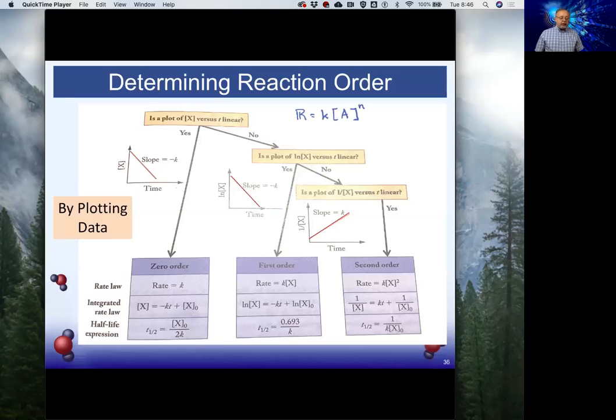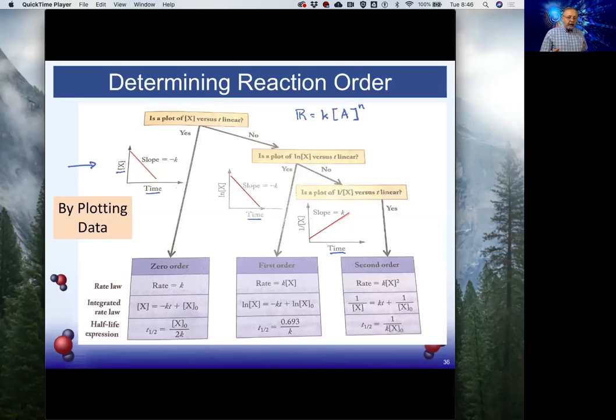So we can run the reaction and we follow it with respect to time. Notice that all these plots here have time on the x-axis. And on the y-axis, we have the concentration. So if we look at this very first one here, this is the concentration of A or X. And so we follow how the concentration changes with respect to time.